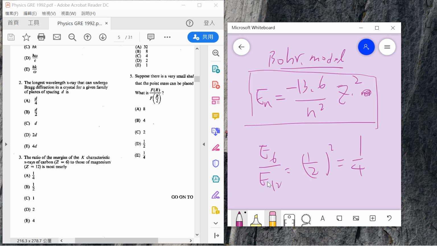So the answer is 1/4. You need to remember this, and the unit is eV.